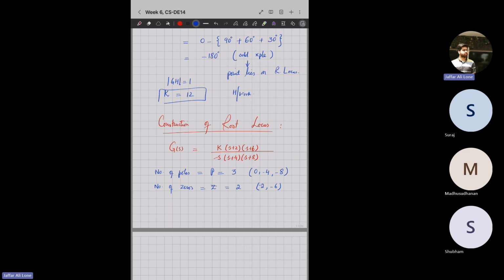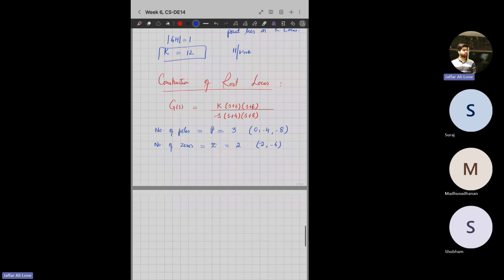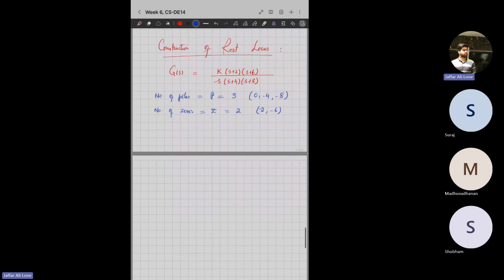It goes to infinity via some straight lines, which are called asymptotes. What is the angle made by these asymptotes, etc., we'll discuss. But for the time being, let's just draw the root locus. So we will just make this s plane.